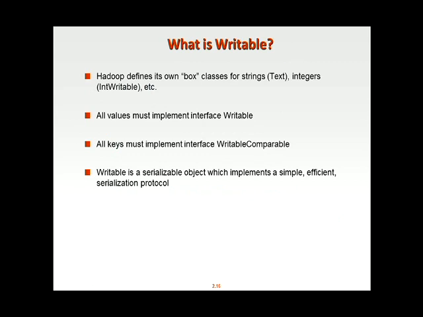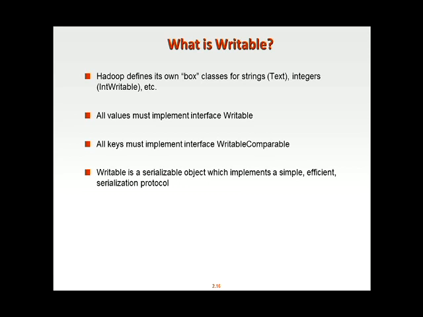So what is Writable? This will also be explained in detail in next week's slides, but here I briefly introduce this Writable concept. Hadoop defines its own box classes, or wrapper classes, for strings, integers, such basic data types in Java. All the values must implement the interface Writable, and all the keys must implement the interface WritableComparable.